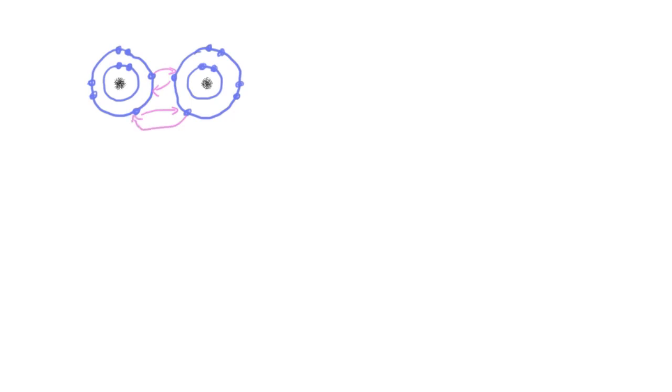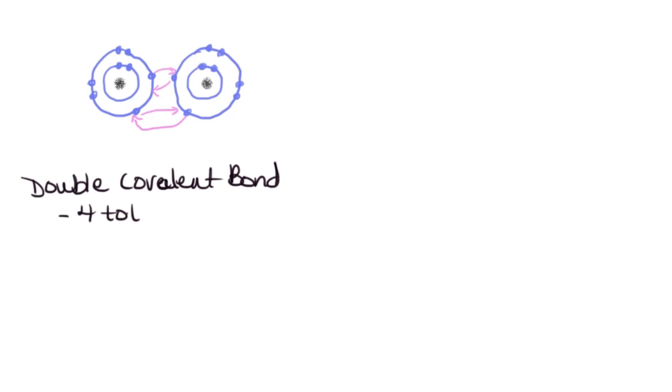In other words, if we had 2 oxygen atoms and each of those 2 oxygens share their 2 unpaired electrons with each other, then we get our next type of covalent bond. So this is where we get a double covalent bond. With the double covalent bond, you're going to have 4 total electrons shared between 2 atoms.